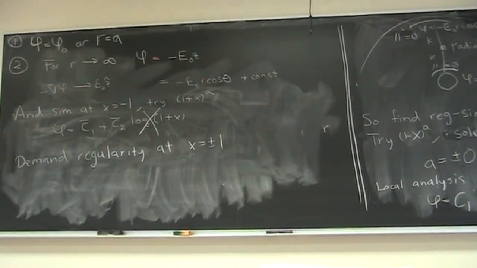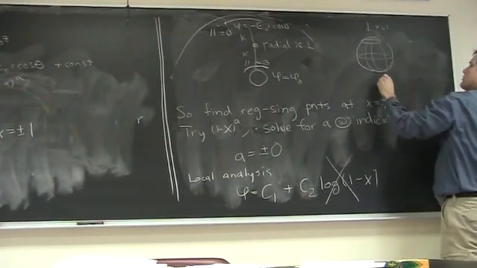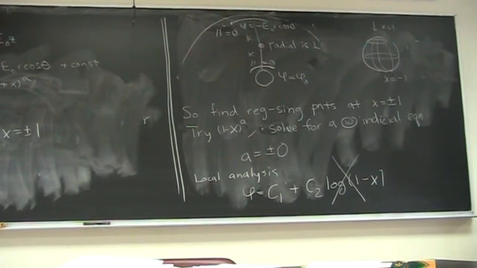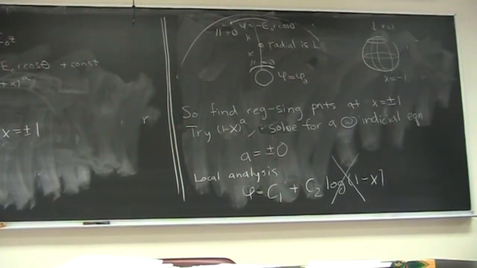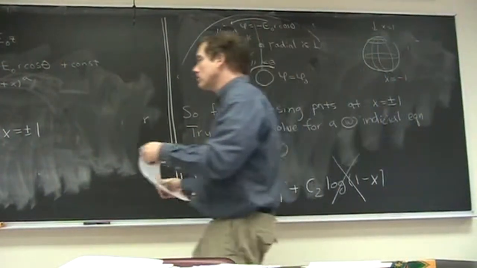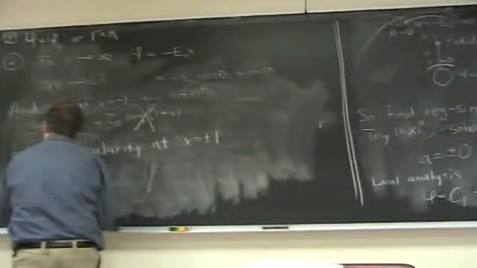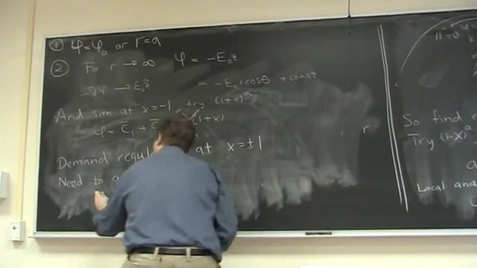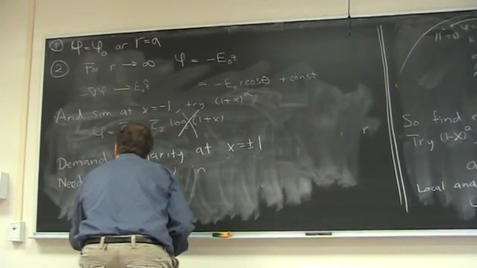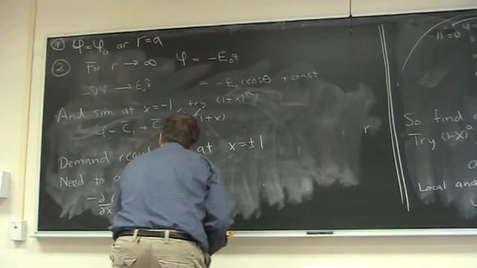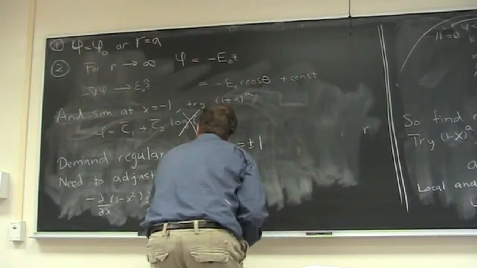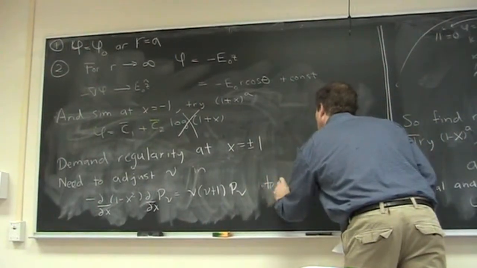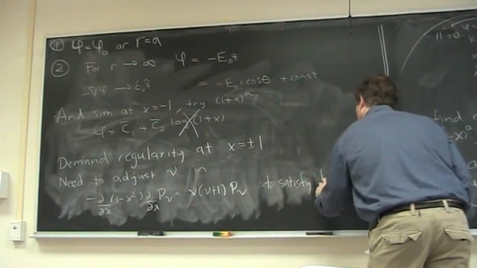I have a boundary condition here at x equal 1, and I have a boundary condition here at x equal minus 1, and the overall constant in the solution doesn't matter, so the problem is over-specified. And the only way out is to adjust the value of nu in the equation I just raised, to satisfy the boundary conditions.